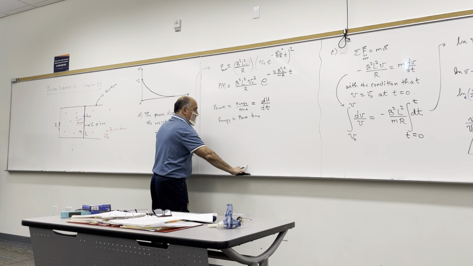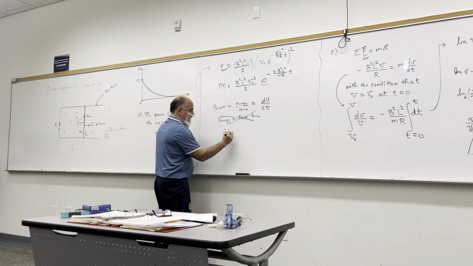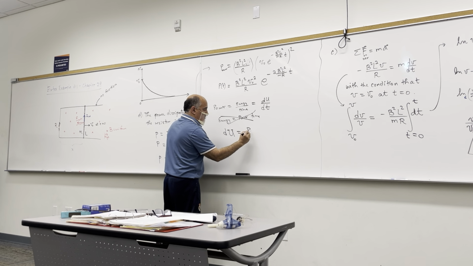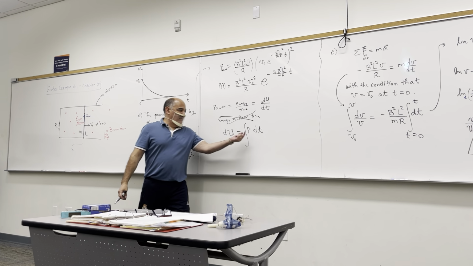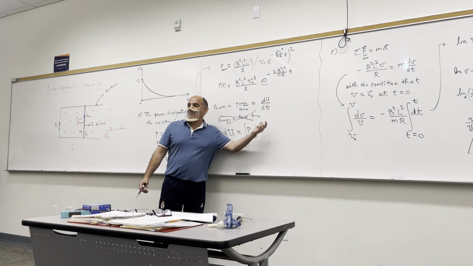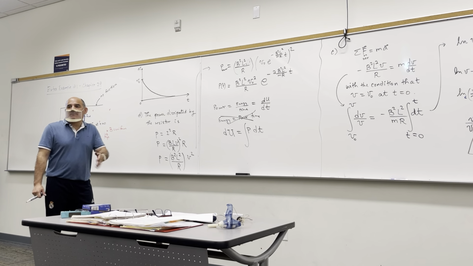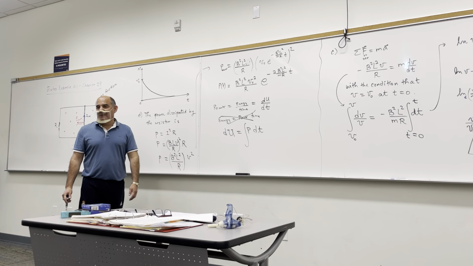And then you have to say, the energy is the power times dt, and then you integrate. Because you're guessing that the power is constant over an infinitesimal time, but then you keep adding the contributions to the energy for the different time intervals when the power is different, because the power is a function of time.